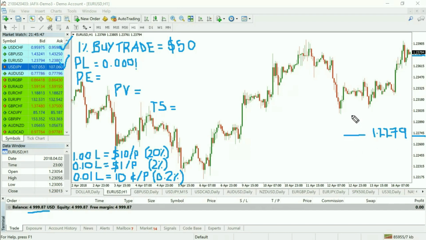If the market comes back to this level, we are going to exit that trade at that price. So what we can do very easily is take our 1.2379 and minus 1.2279, and we can work out that our pip exposure is 100. That's very important to know and to work out.